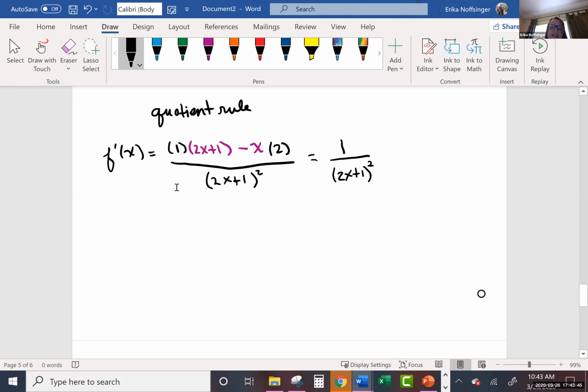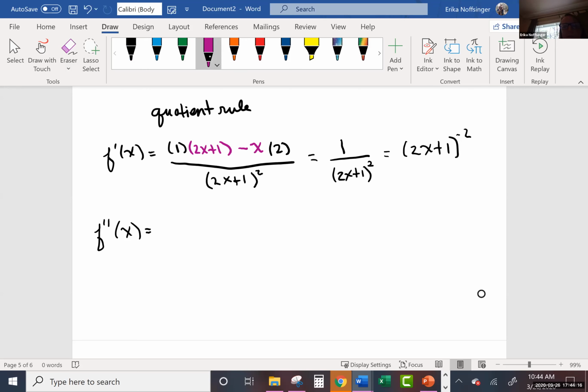So if I want to take the second derivative, we can leave it like that and use the quotient rule. Or what about rewriting it with a negative exponent? I think that might be easier. So we could rewrite this as 2x plus 1 all raised to the negative 2 power. And now when we take the second derivative, we can use that general power rule.